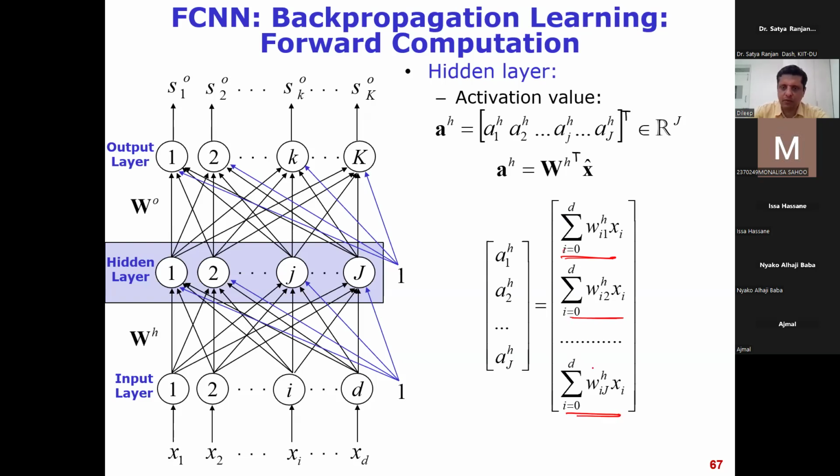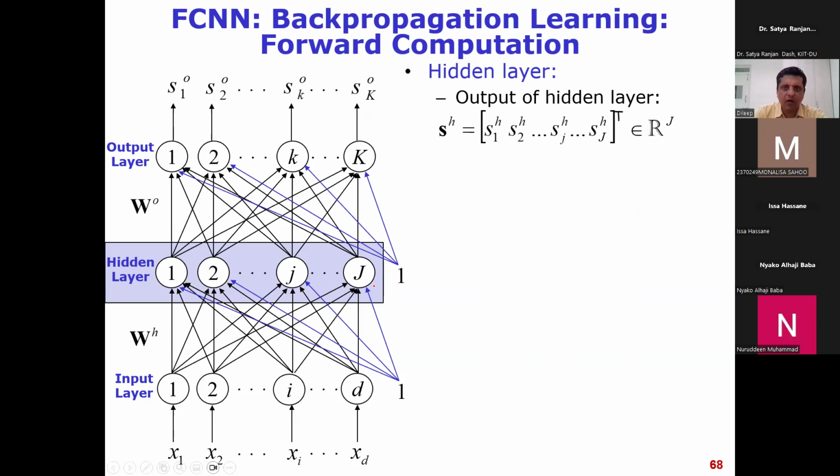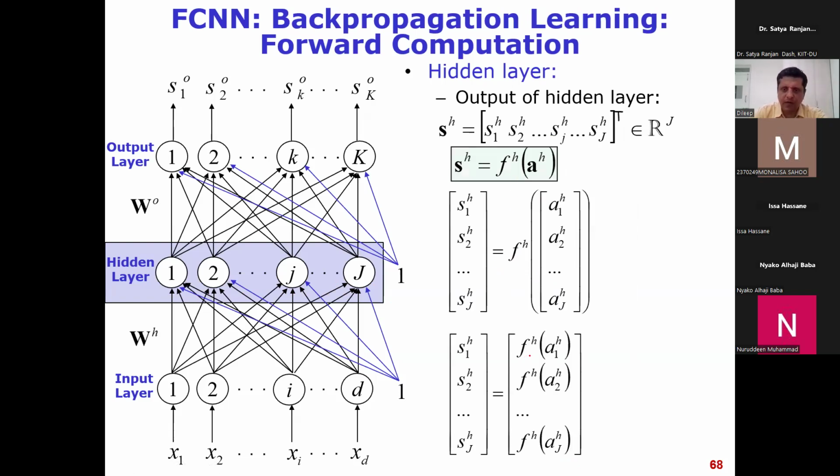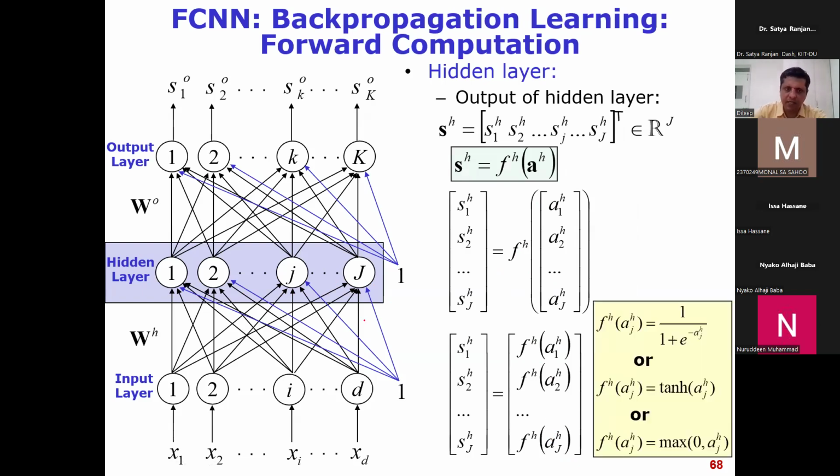How many such rows will there be? It equals the number of neurons, because A1, A2, A3 up to AJ are the activation values of each of the neurons. On that we apply the activation function to get the output of the neuron.